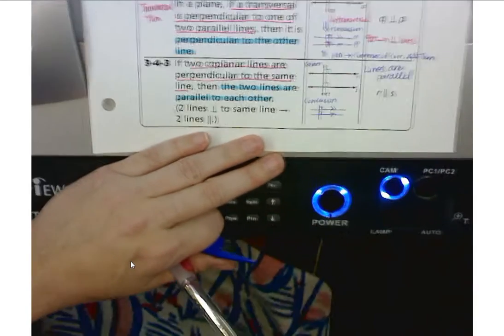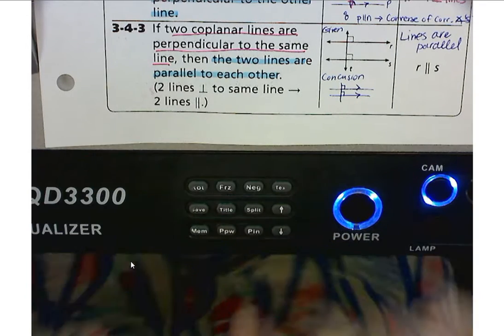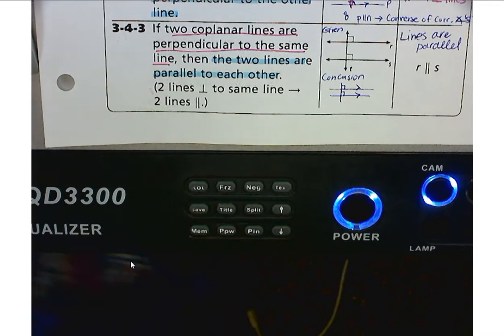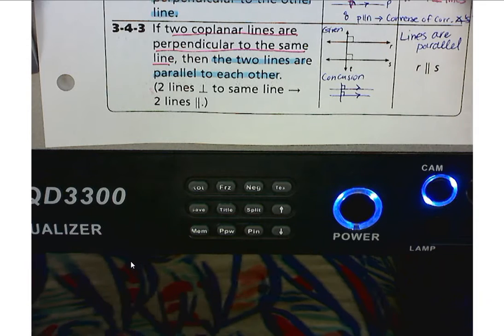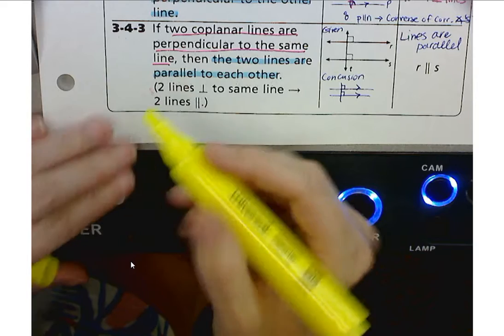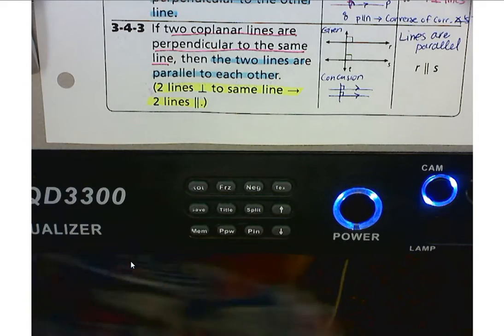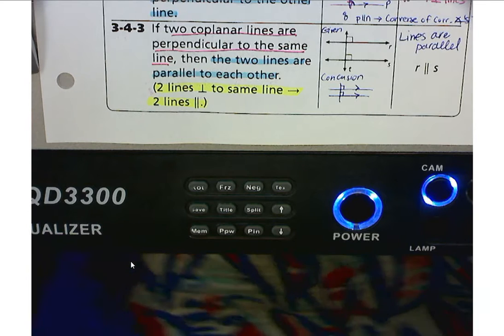Sorry, that's kind of small. So I just put in the symbol for your parallel lines. And if you were using this in your proof, you could say two lines are perpendicular to the same line, so your two lines are going to be parallel to each other.